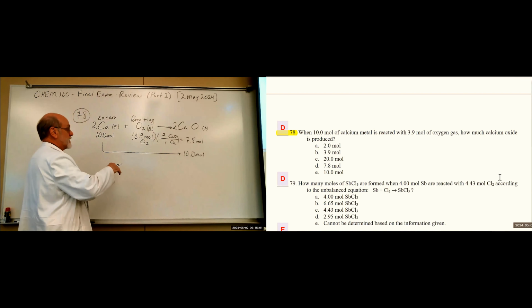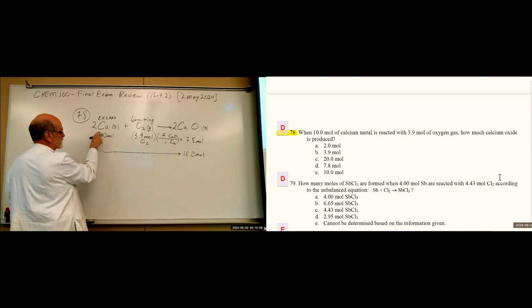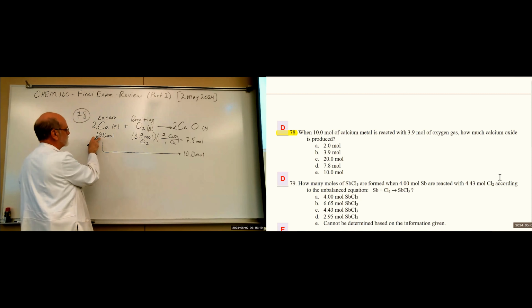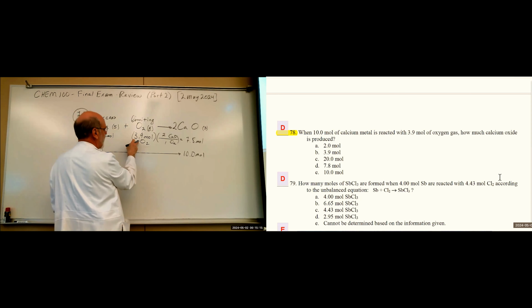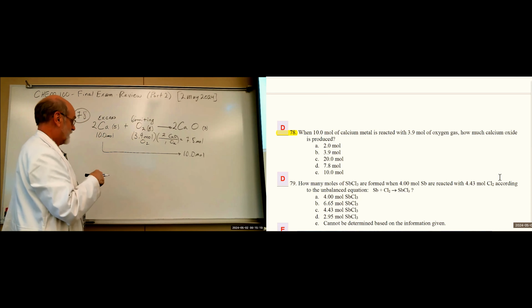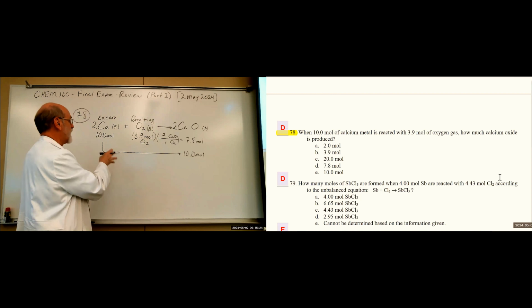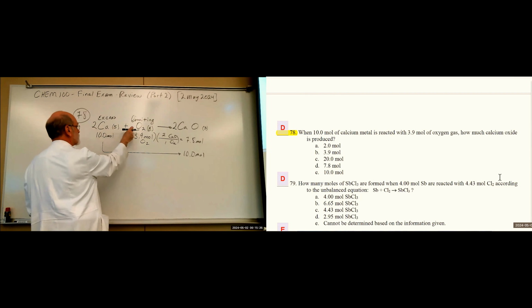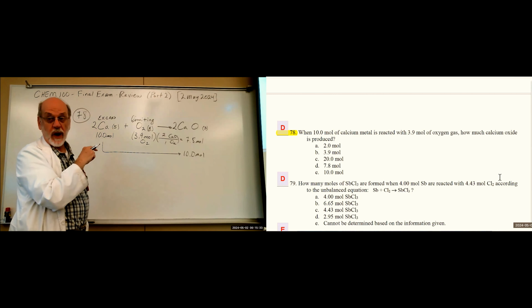But you can also say, all right, if this 10 moles represents 2 calcium and 3.9 moles represents 1 oxygen, then you can compare the coefficients here, right? If this is 2, then how much oxygen is required?